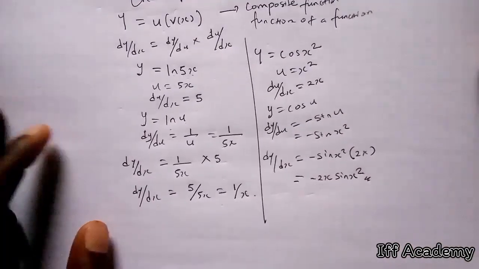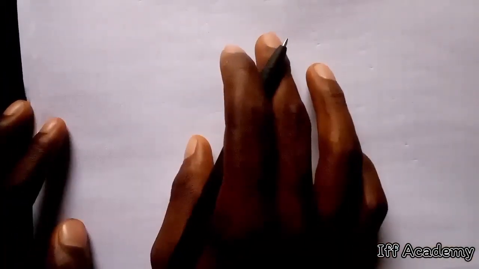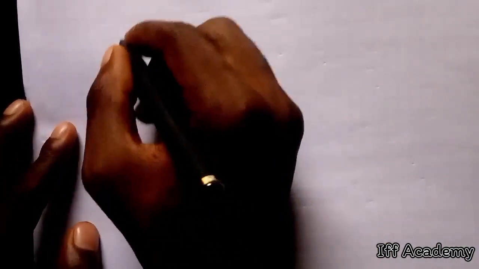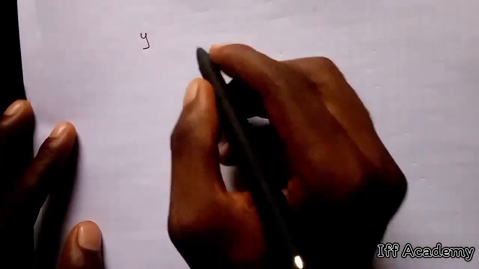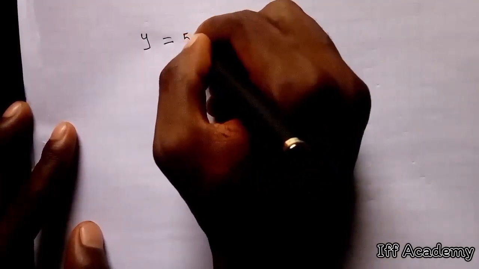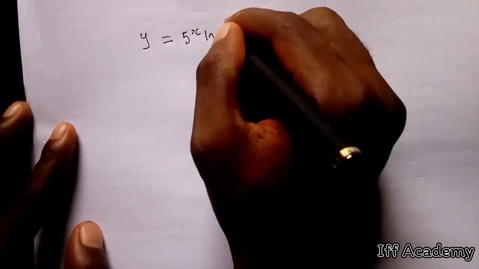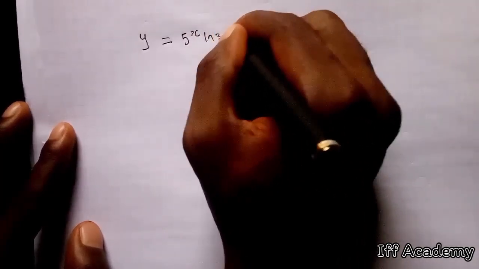So let's look at one last question under this. So if I have y is equals to 5 raised power x ln 3x.